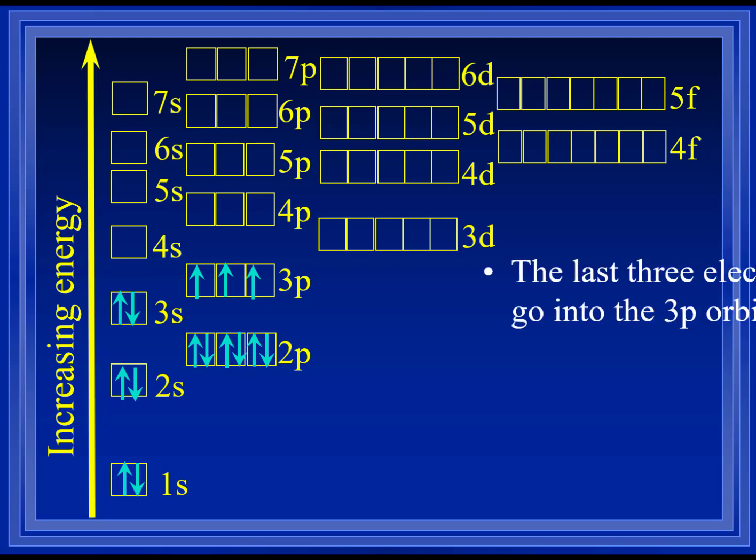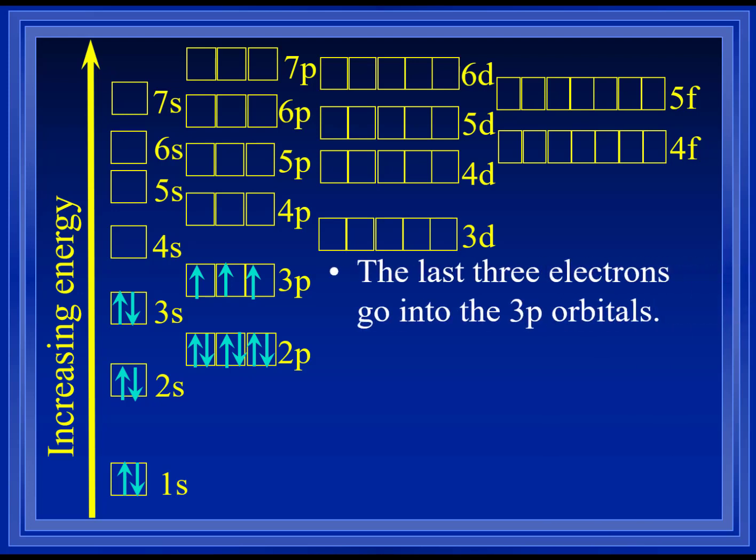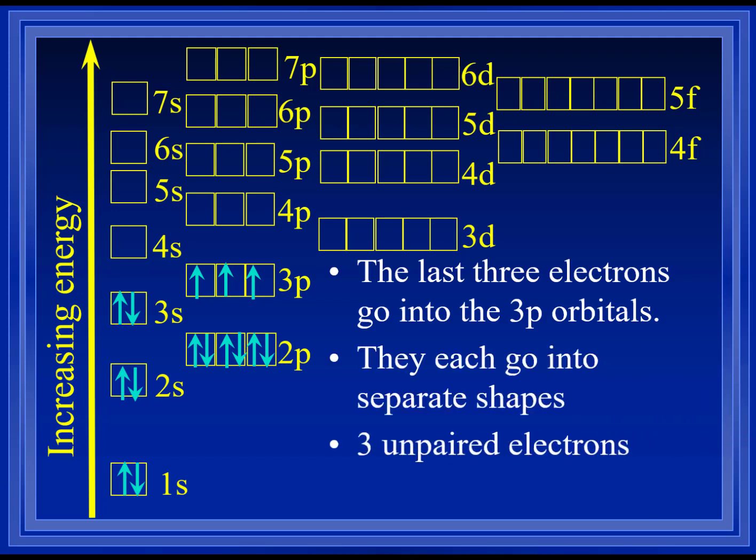So this phosphorus, one of the reasons it behaves the way it does... The only way to tell if it's got paired electrons is to look at the very end. Because everything that's full is going to be paired automatically. But that last orbital may not be full. And if it's not full, it may not be paired. Make sense? See 3 unpaired electrons?